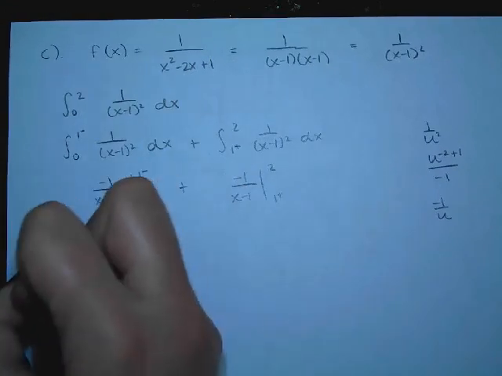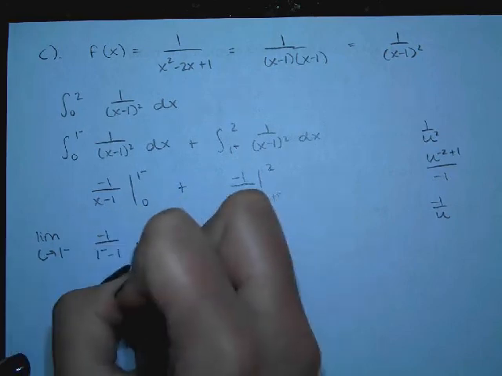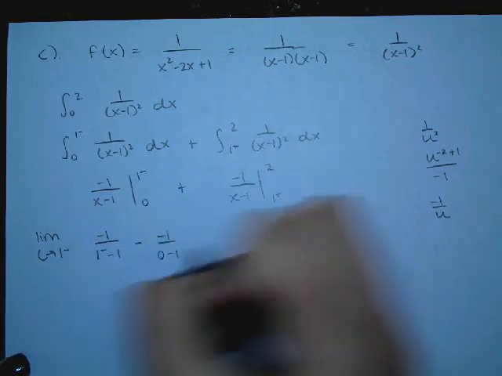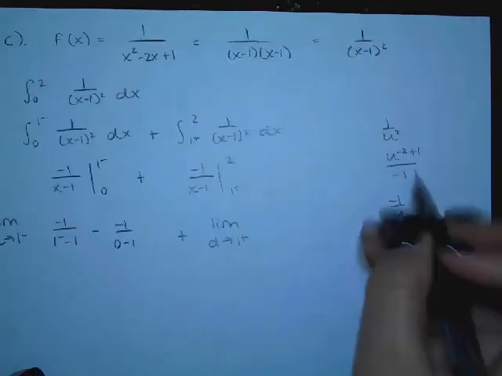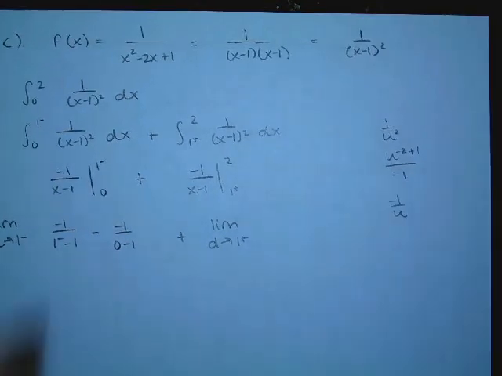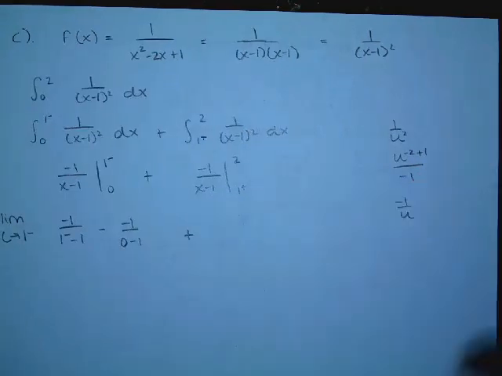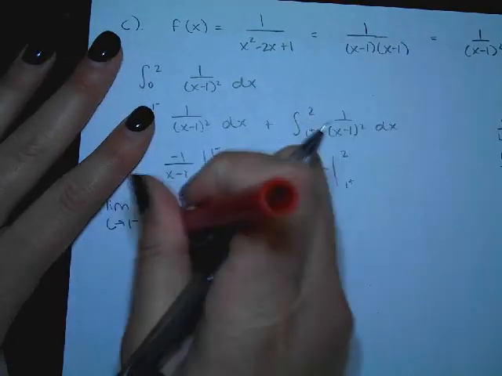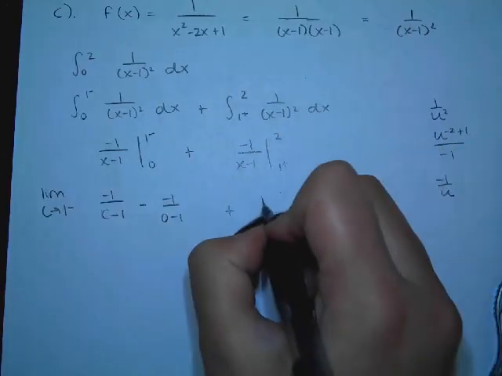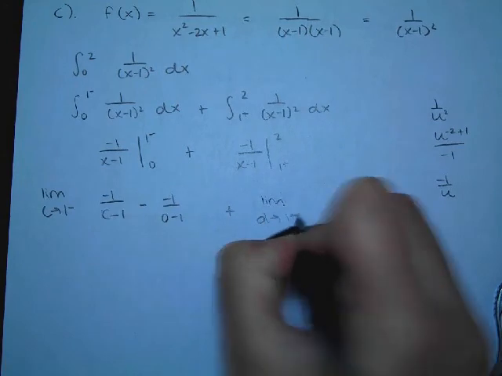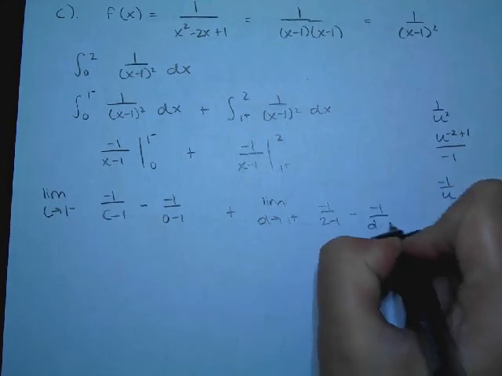So I said the limit as c approaches 1 from the left, and then limit as d approaches 1 from the right. Oh, I shouldn't have said 1 from the left, I should have said c. Limit as d approaches 1 from the right, negative 1 over 2 minus 1, minus negative 1 over d minus 1.